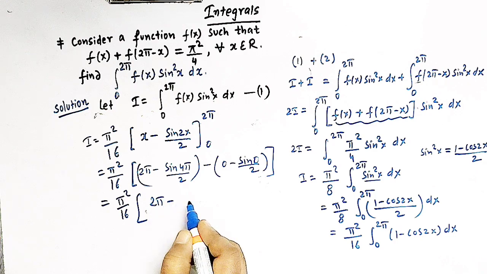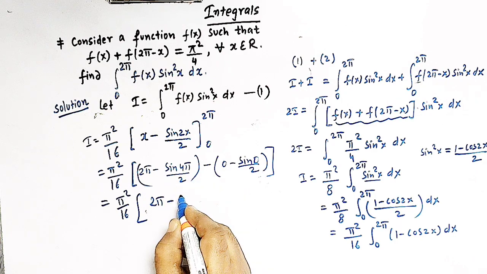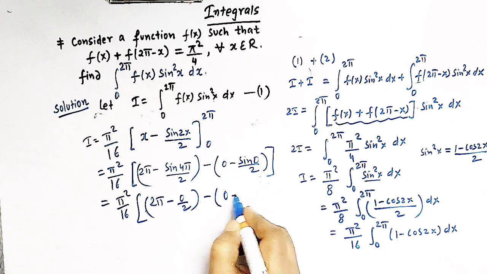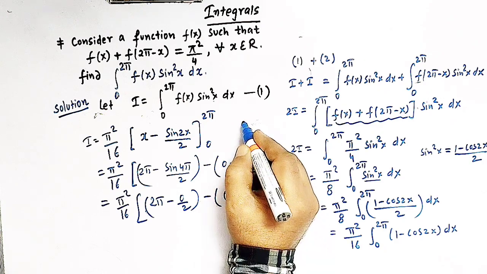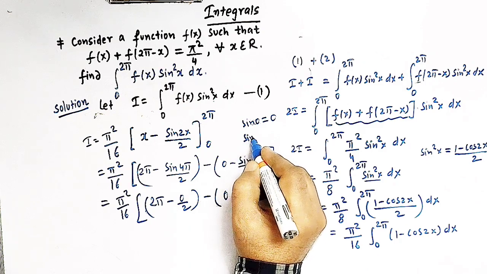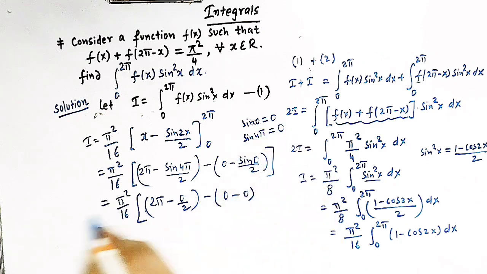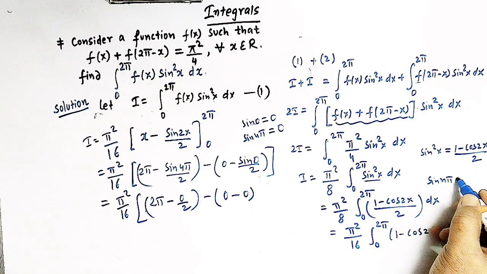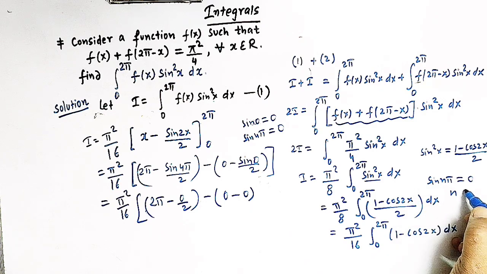This is 2 pi, sine 4 pi is 0, and here we have 0 minus 0, because sine 0 is 0, and sine 4 pi is also equal to 0, because we know sine n pi is equal to 0 for n any integer, right?